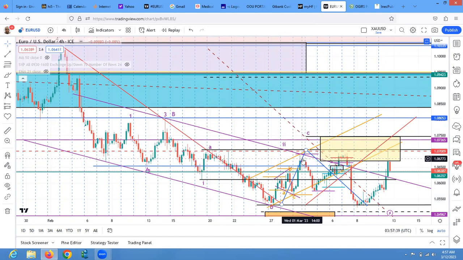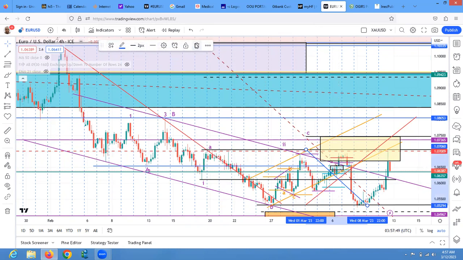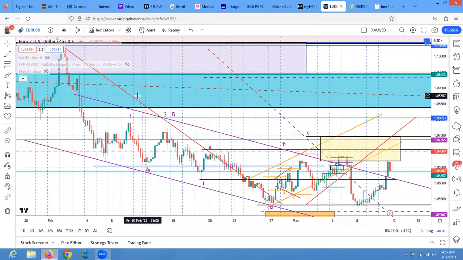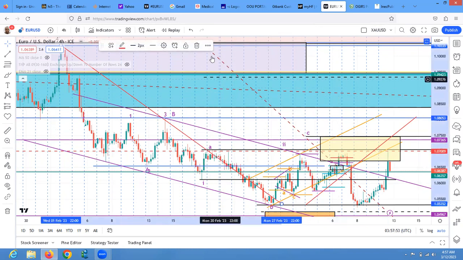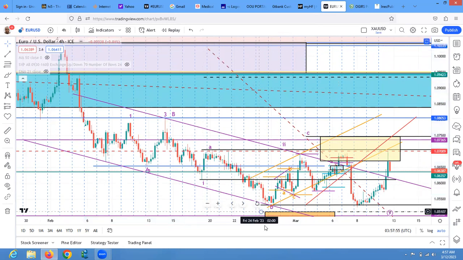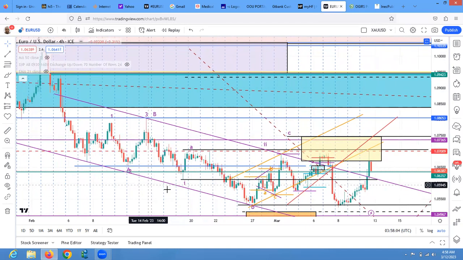But those lines, when they were drawn, they were used to count waves and to see what exactly we are doing. Now, I don't need this because a structure had completely finished itself around this area. So that's what I believe. The A red is finished.